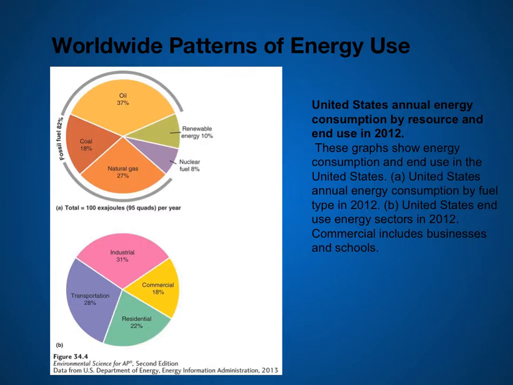So the United States produces 85% of the energy that it needs, while the remainder, about 15%, comes from other countries, primarily in the form of petroleum import. And the percentage of energy imports has been decreasing as domestic production of natural gas and oil increases. So these trends are expected to continue. Industry uses the most energy, followed by transportation in second.